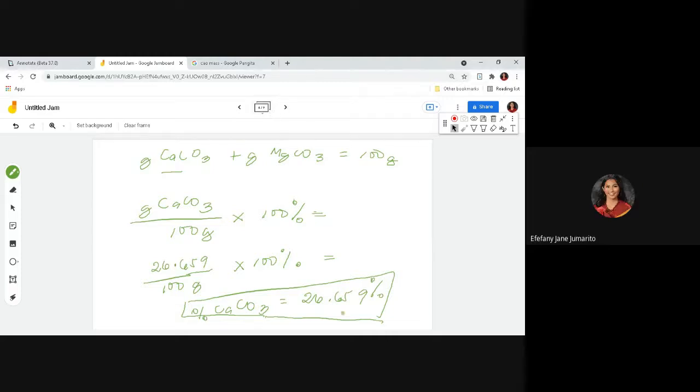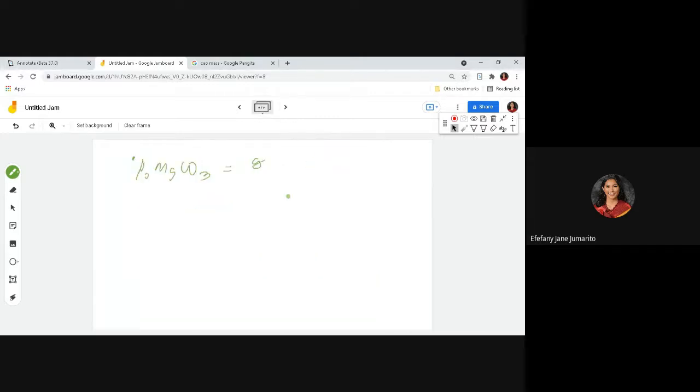Okay. Yes, pwede ra pod 100% minus 26.659, equals the percent of your MgCO3, because we know duha ra sila kabuok. Duha ra ang naa didto nga present na compounds and then it's 100. So pwede ra nimo i-minus.